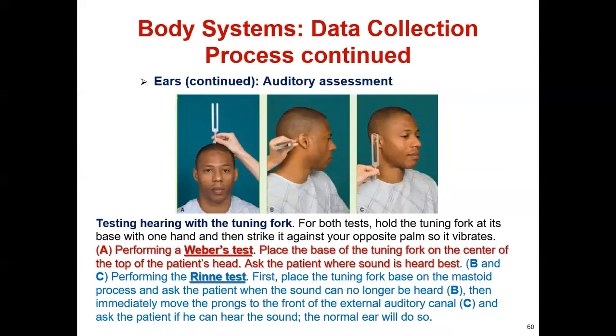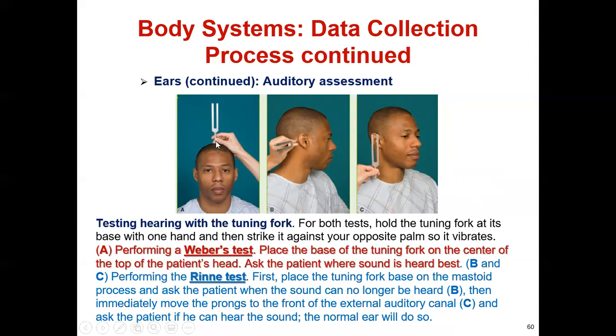The NCLEX board frequently asks questions about the Weber test, the Rinne test, and the Romberg test. The first one is the Weber test.